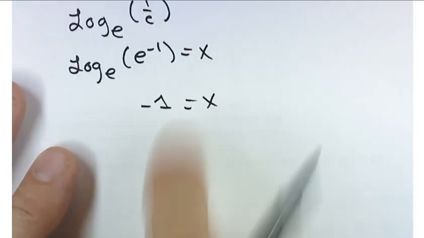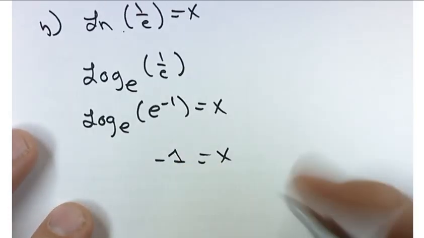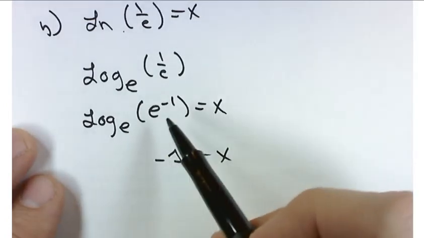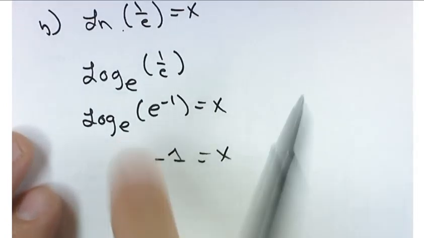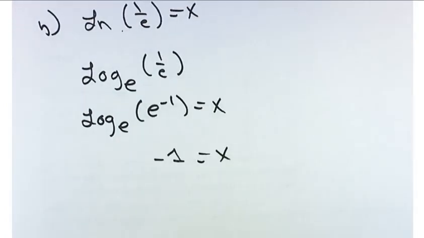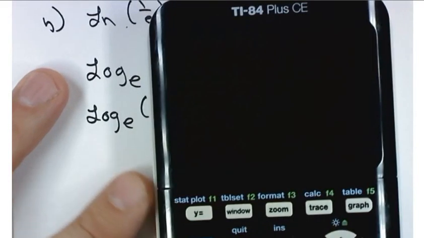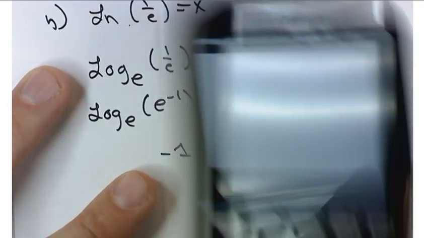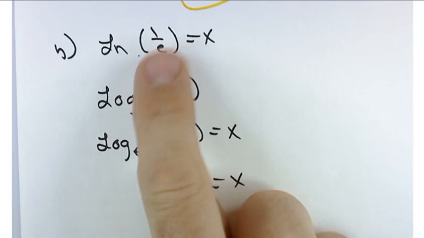Let's go back to this one. Some of you might not be entirely comfortable with this. You might look at that and go, you know, I just can't wrap my head around it. And that's okay, because technology is going to come to your rescue. So the only thing we have to figure out is how to put this into our calculator.